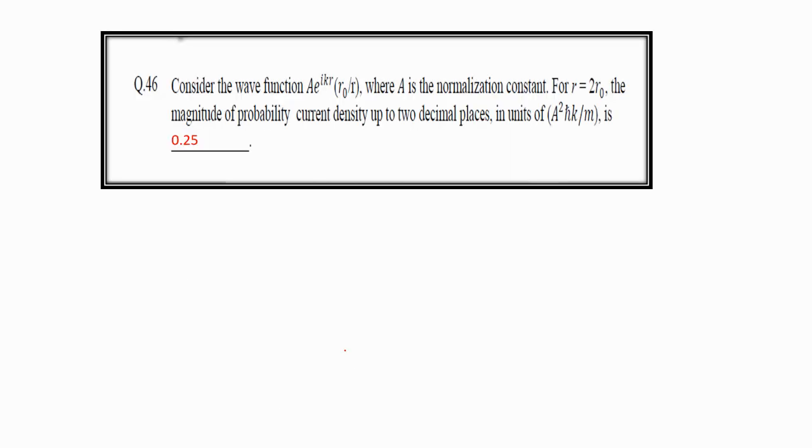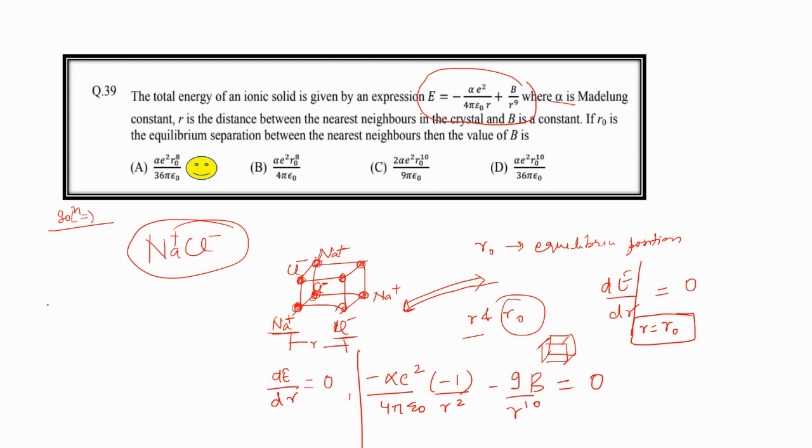I'm taking this to the other side: alpha e square upon 4 pi epsilon naught, with R equal to R naught because at equilibrium position, and 9B is equal to R naught to the power 18.